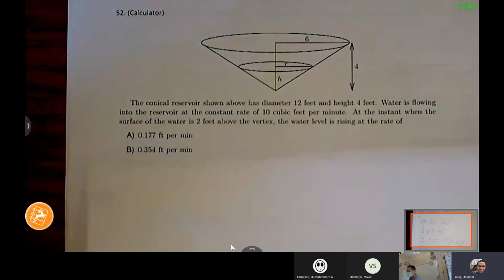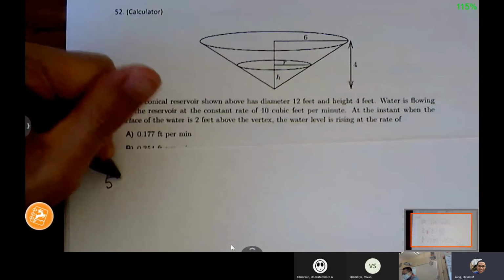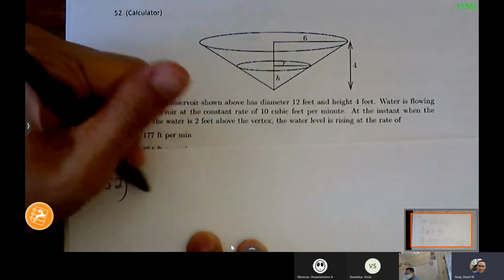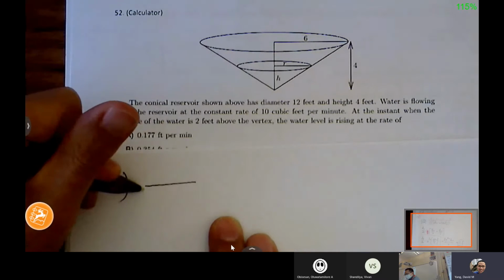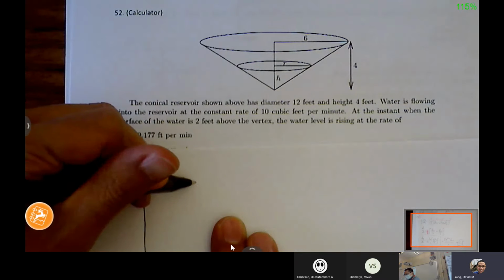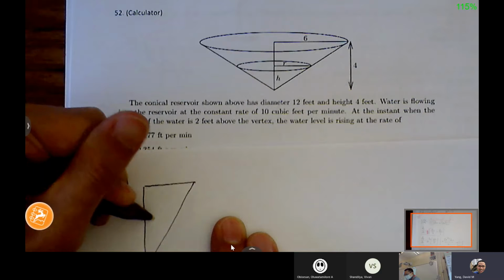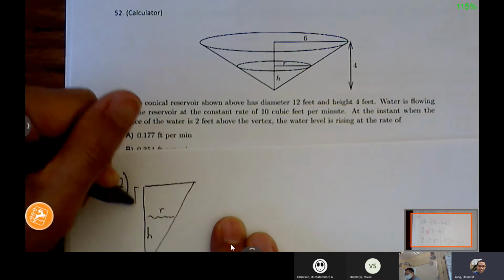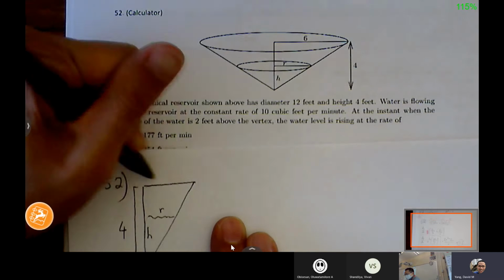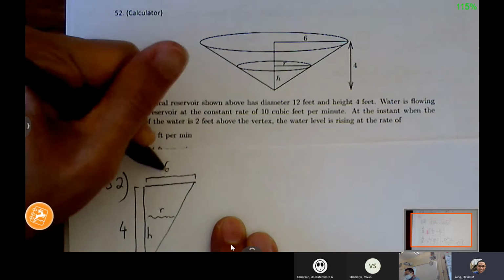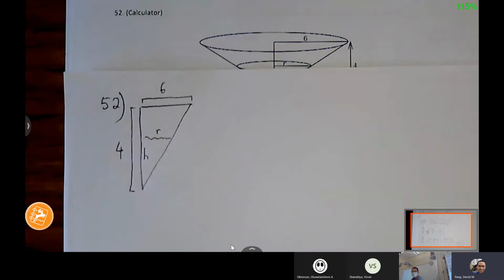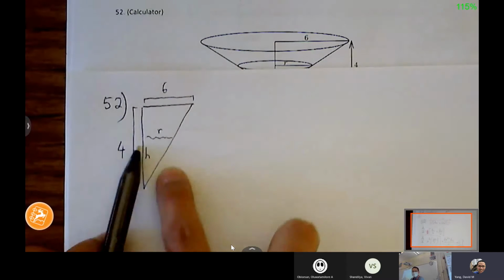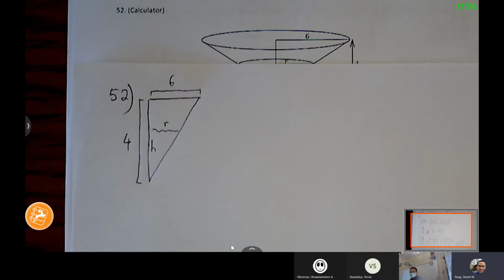Okay, so 52. I can just go ahead and create my triangle within the triangle. Radius, height, 4 and 6. My dimensions are not too to scale here. This should be longer and this would be shorter.